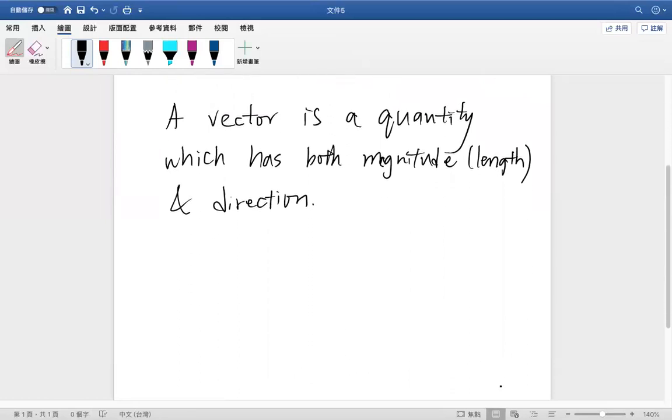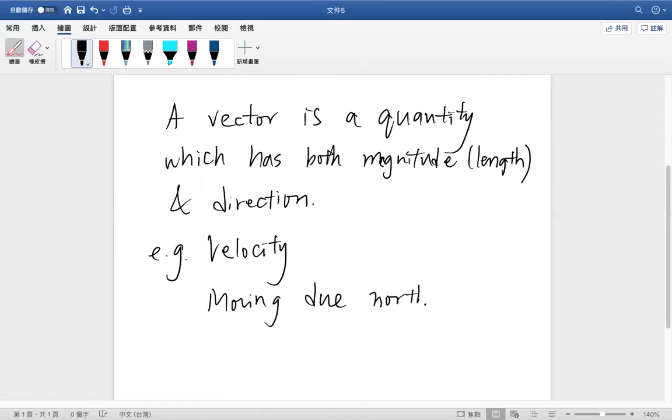So next, let's look at some examples of vectors. For example, just now I mentioned velocity. The velocity of an object is a kind of vector. For example, you're moving due north at 20 meters per second.